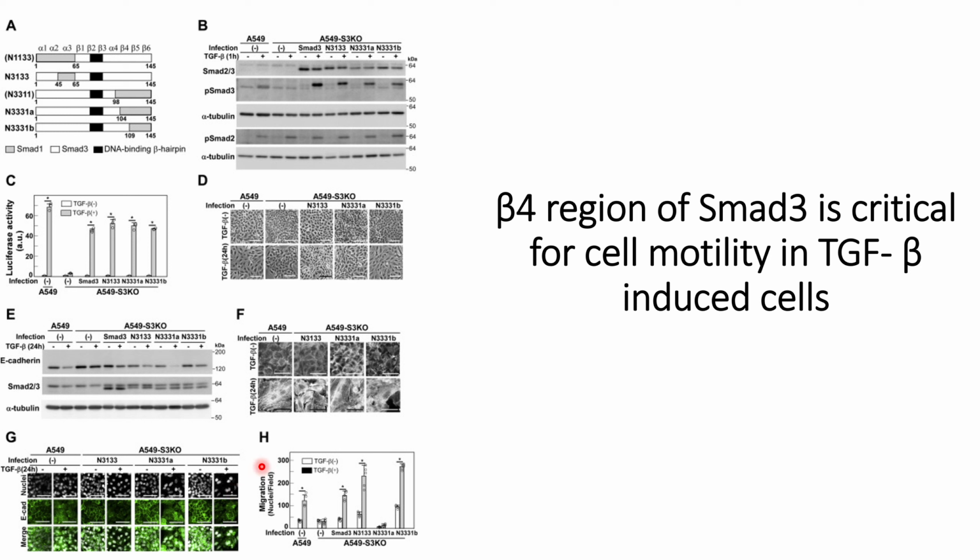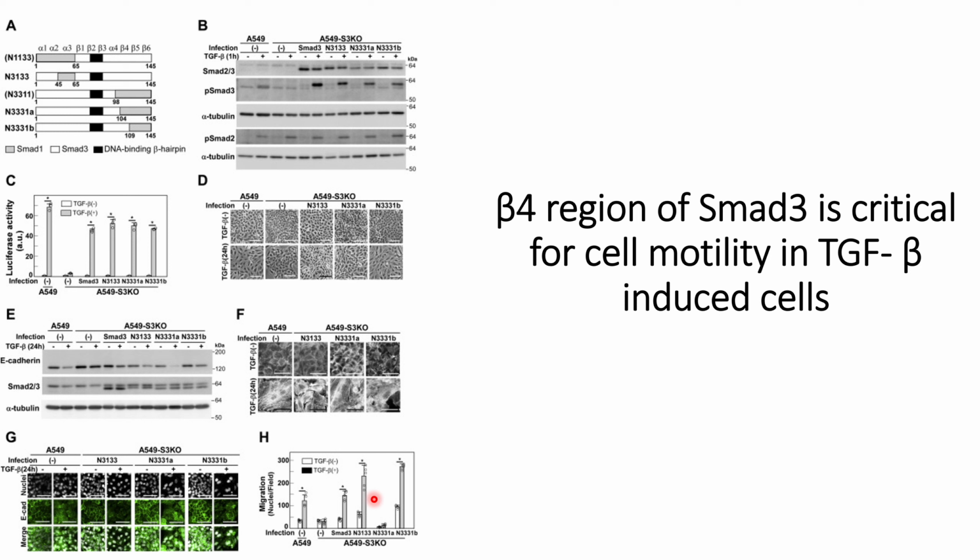And when they checked the migration or the cell motility in different cell lines, what they were able to find out is that the wild type cell line shows an increase in migration or cell motility, and when the knockout cell lines are infected with wild type Smad3, they also show the increase in migration. And when they use N3133A, it also shows migration. And when they use N3331B mutated infected cell lines, they also show migration.